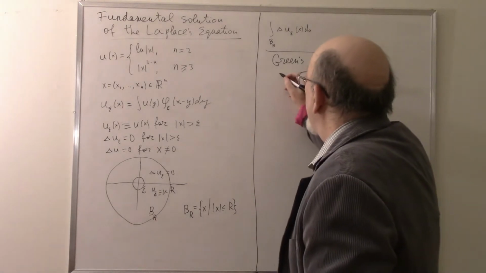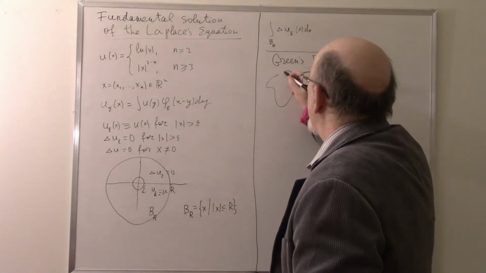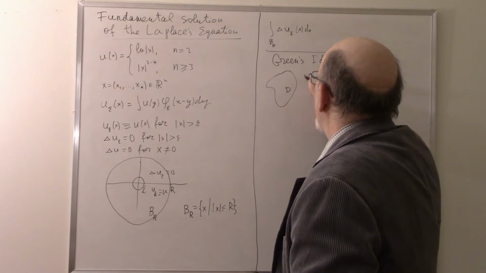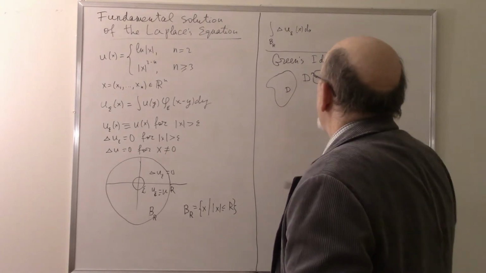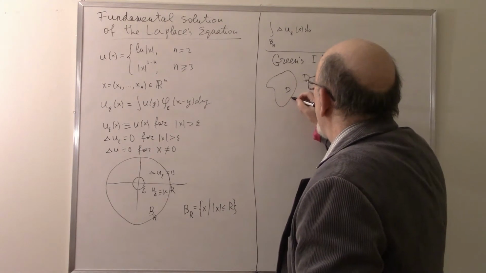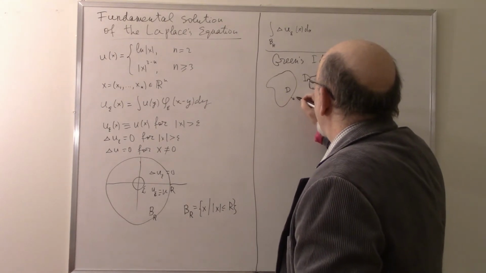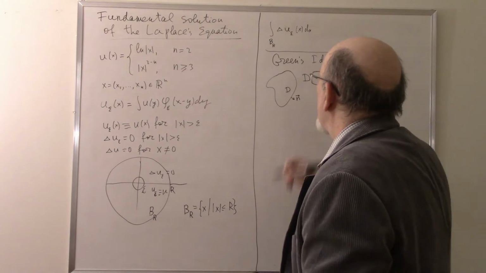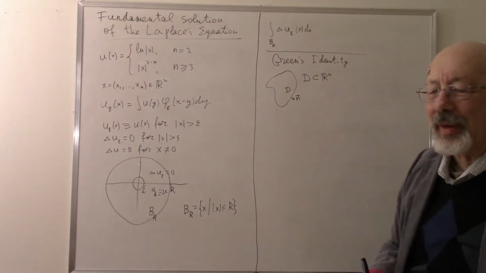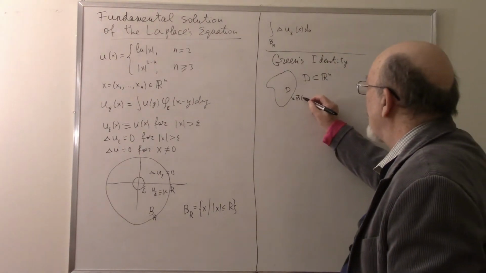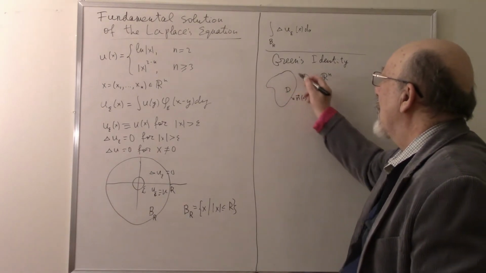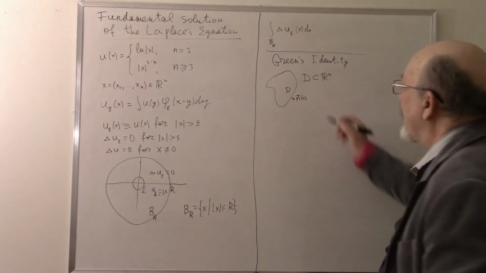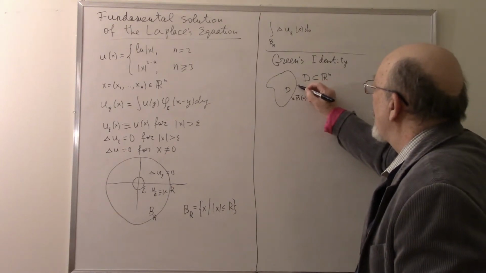Suppose we have a domain, any domain D in the space R^n, and at every boundary point we have its unit external normal, depending on x, of course.